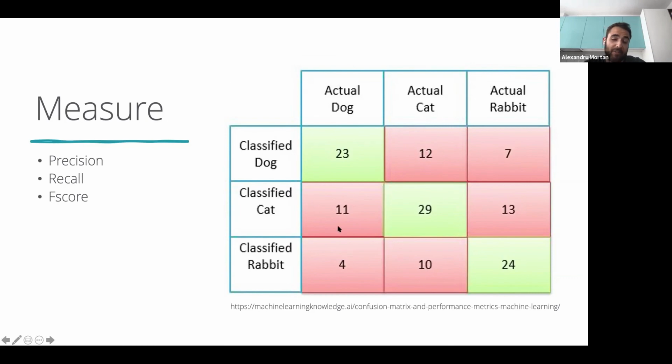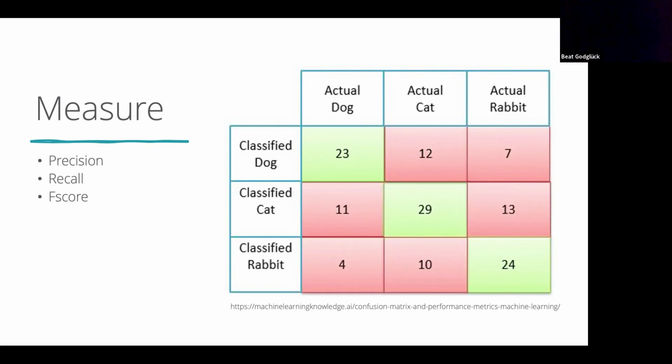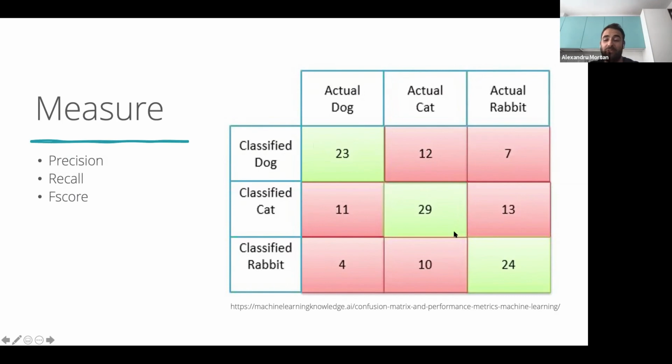Then an image and visualization tool you can use for this is the confusion matrix. So basically, you can put on one dimension what your model classified, and on another dimension what is the actual correct value for that. Okay, so ideally you want to be on the diagonal.